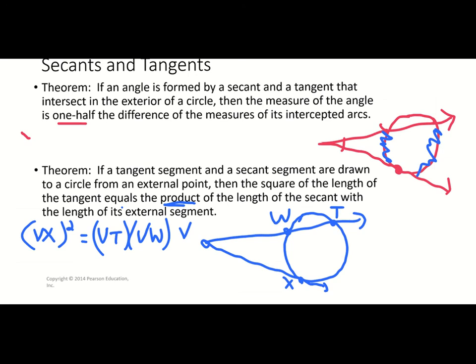So the tangent squared is equal to the product of the entire length of the secant, so VT, times the external segment.